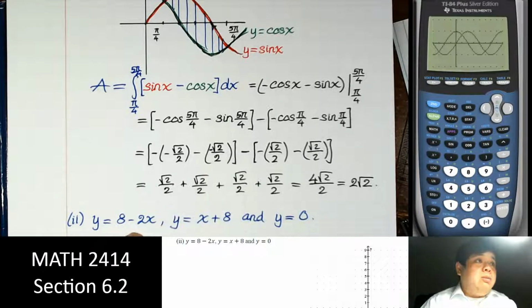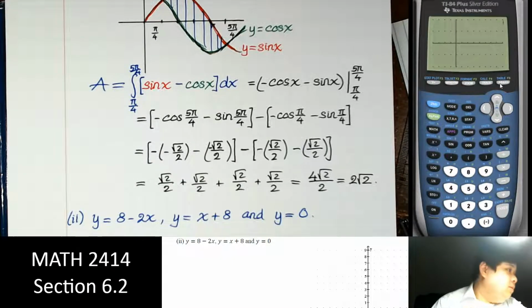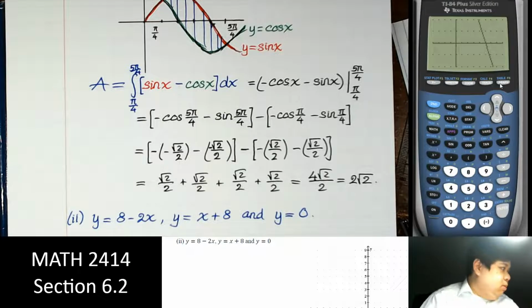Now first, let's sketch these functions: y equal to 8 minus 2x and y equal to x plus 8. And y equal to 0 is the x-axis. Right, let's see the graph. Just a reminder, the video that I'm streaming is in 1080p, so make sure to change the resolution to 1080p so it will be clear.